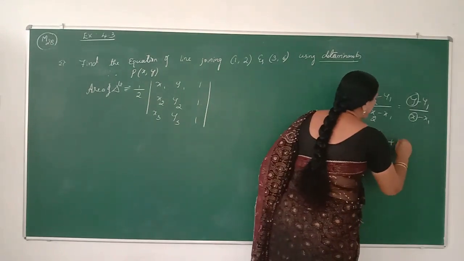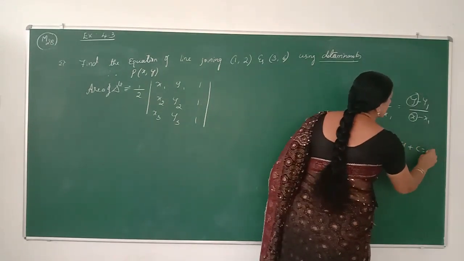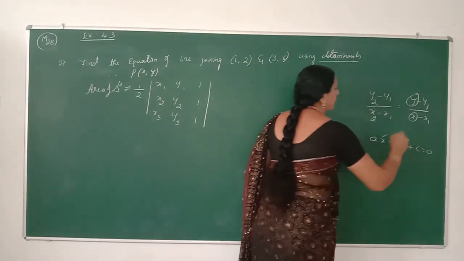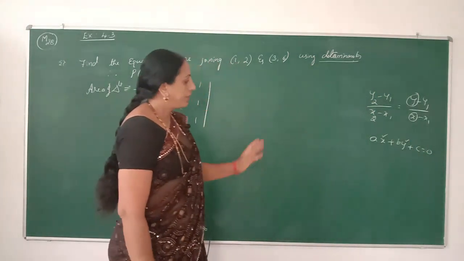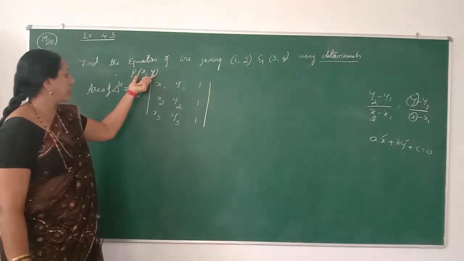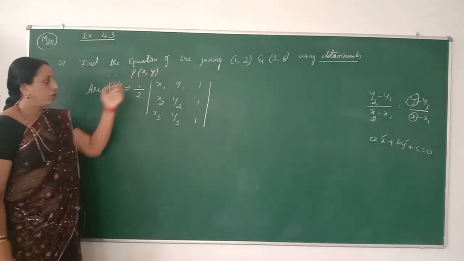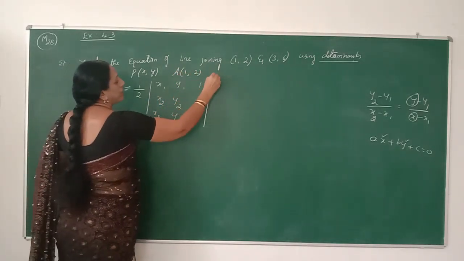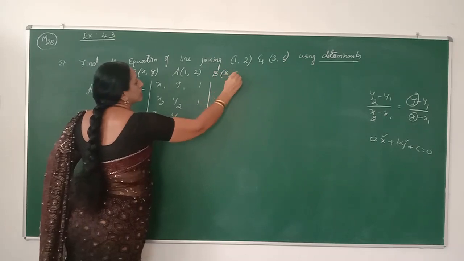Ax plus by plus c equal to 0 is called the general equation of the line. Then x comma y is called the pair of locus of a point, where a, b, c are some real numbers. Such a pair can be considered in the form of P of x comma y, and the other ones are A which is (1, 2) and B which is (3, 6).